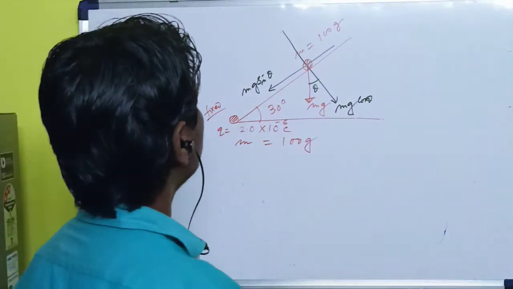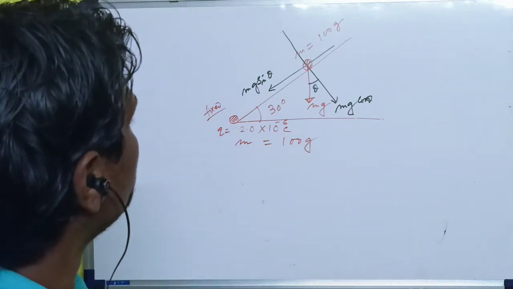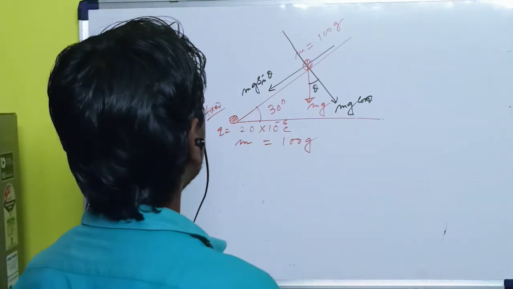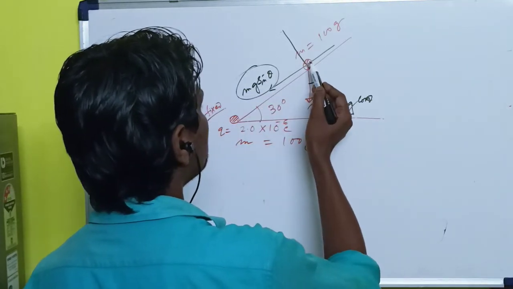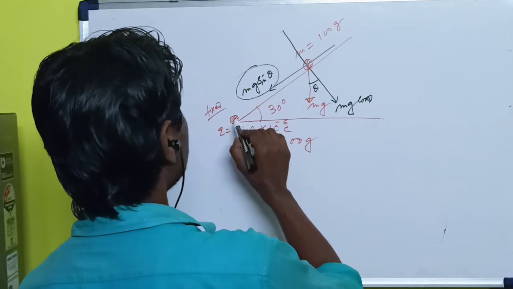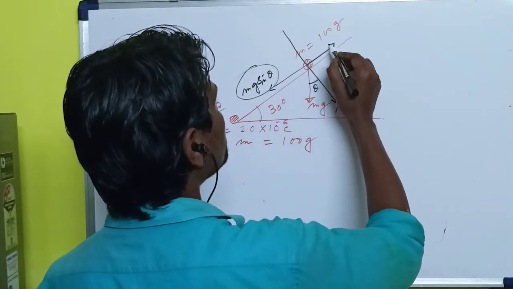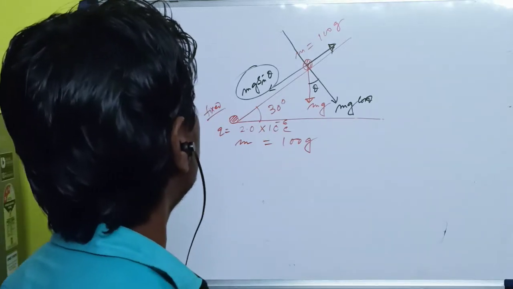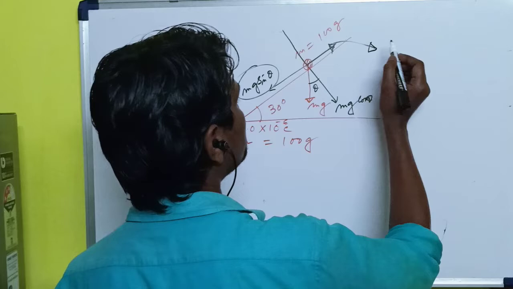This is in equilibrium, so mg sin theta balances the repulsion force given by this charged particle along the line joining the two charges. So the repulsion force is, this is equation 1.